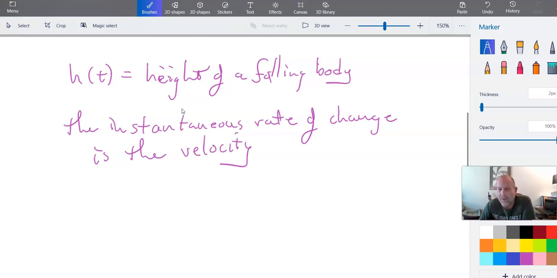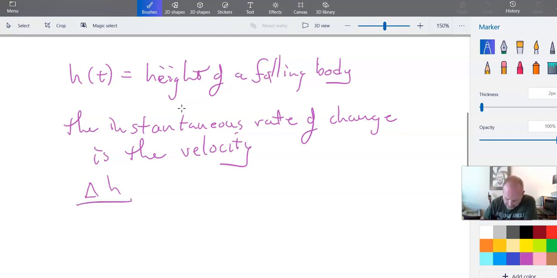You'll know exactly why I'm using height as an example once you start reading into the lesson. But that's one of the things you want to be thinking about: that velocity is a change in position. A change in position is a distance, so if you divide a distance by a time, that means delta h is a distance, a change in height.